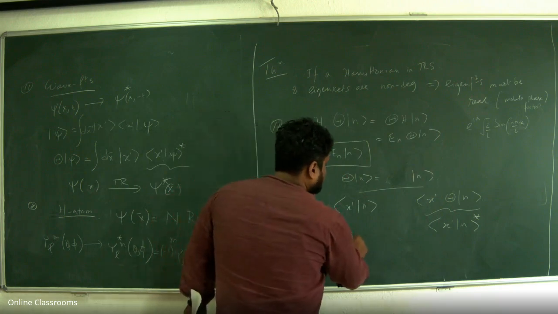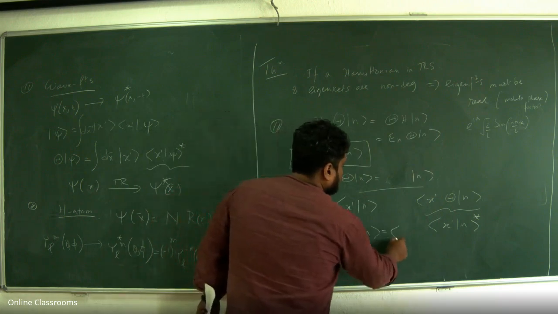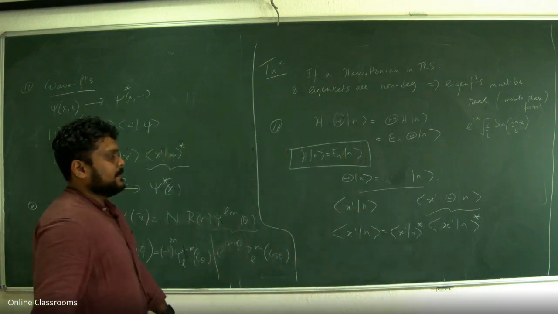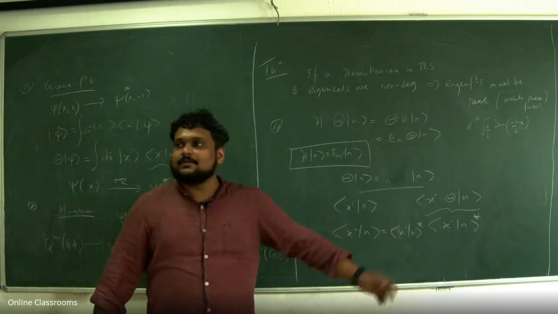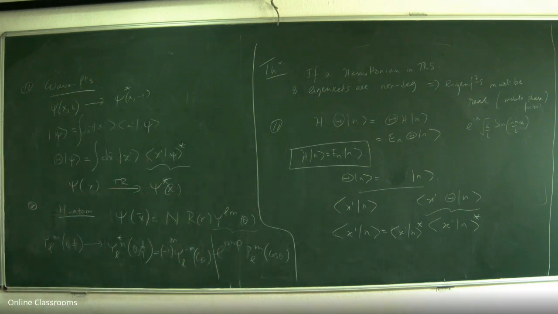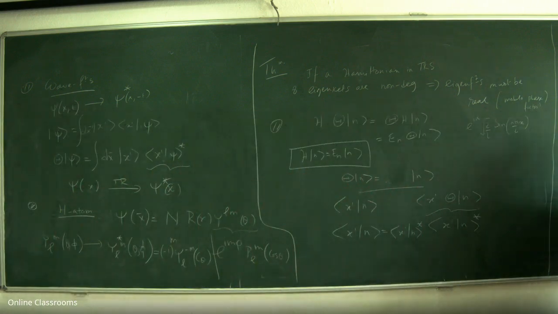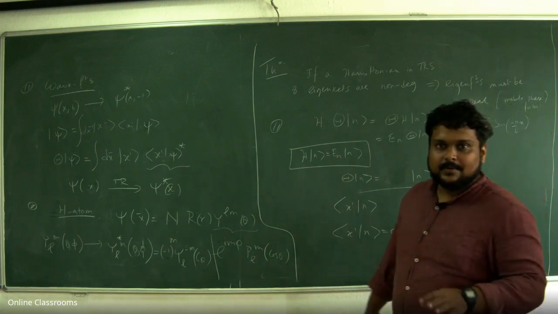So that means x prime n must be equal to x prime n star. If something is equal to its own conjugate, that means it's a real function. That's the only possibility. This is the theorem, and it might appear trivial because you have seen it many times, but that is just that. Everybody is on the same page.